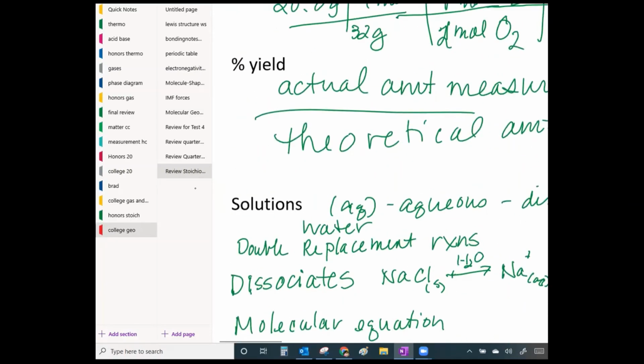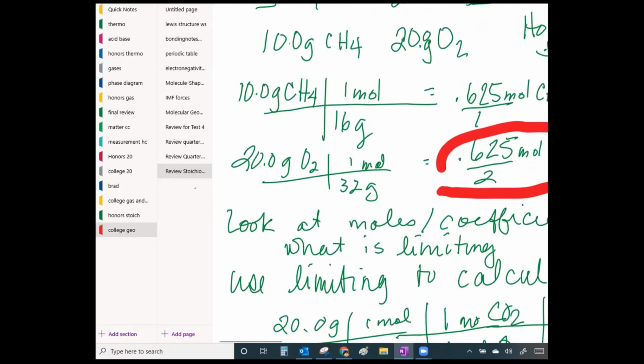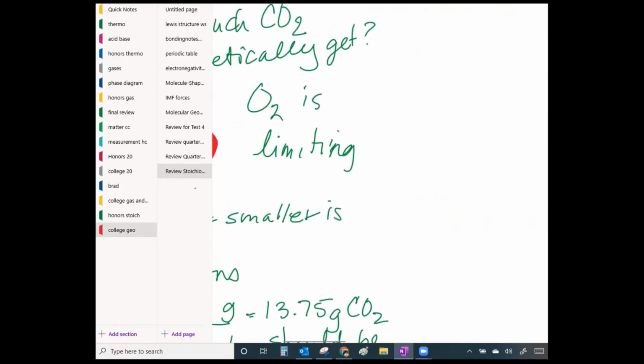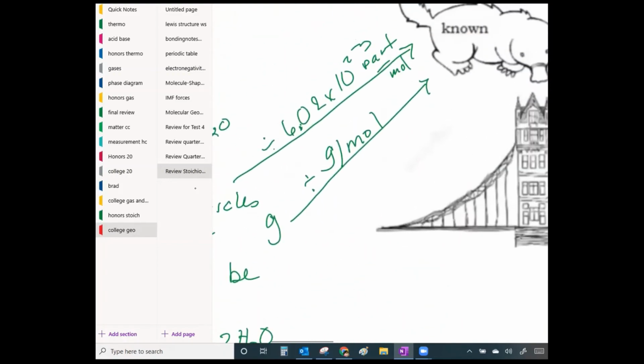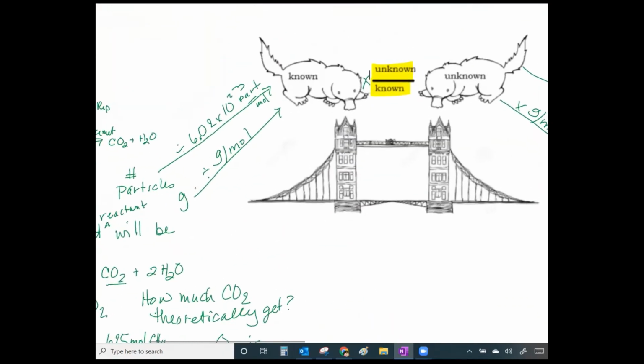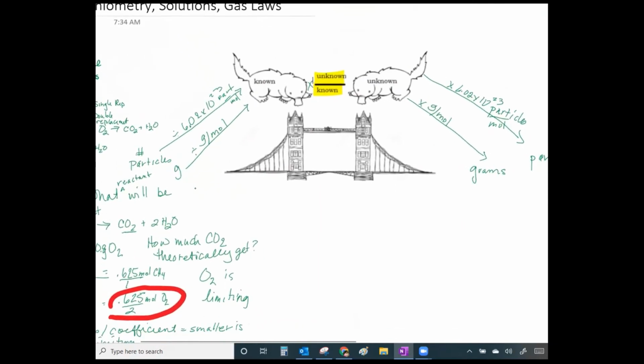So I'm going to go back up to the stoichiometry and the mole bridge. Now, if somebody tells you that they have a solution that has a molarity of, let's say, 0.68 molarity, and they have 250 milliliters of that.